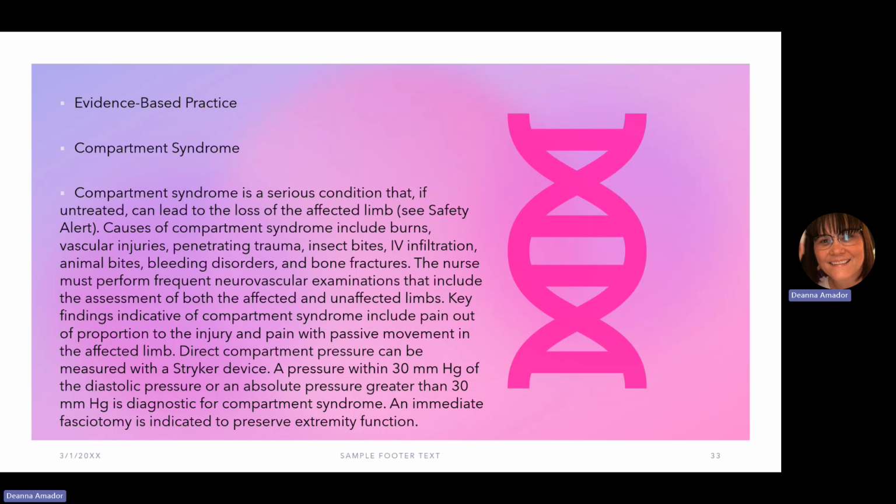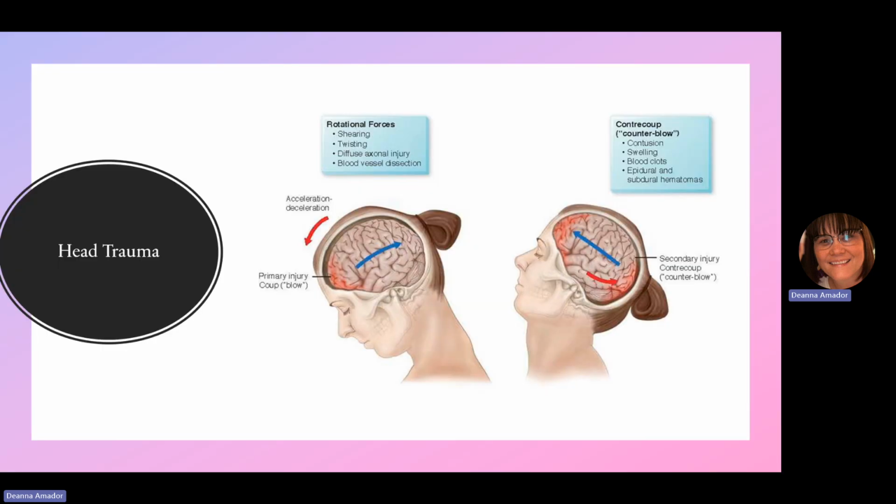So CMS checks need to be done and are very important, checking the circulation, temperature, movement, and sensation of both the affected and unaffected limbs. And then, like I said, the 6 Ps of compartment syndrome, but the nurse definitely has to do those frequent neurological assessments.